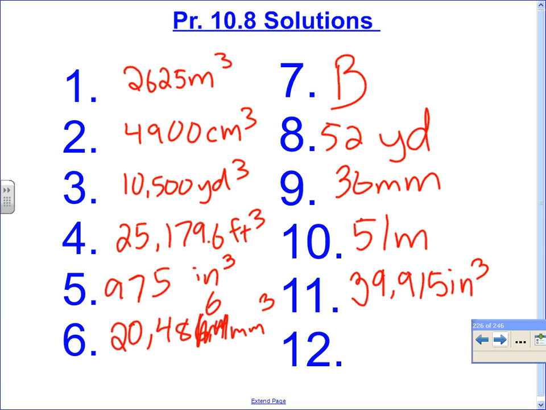All right, so let me take this a step further. For the cylinder's volume, I got 43,187.6, and then for the cone, I got 3,292.8. Oh, okay. Let's try this again.